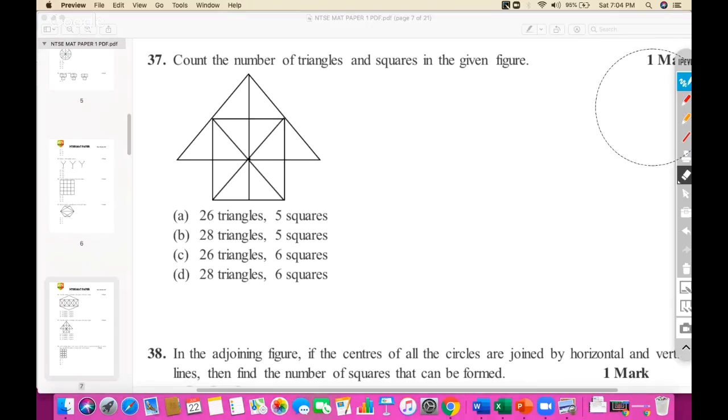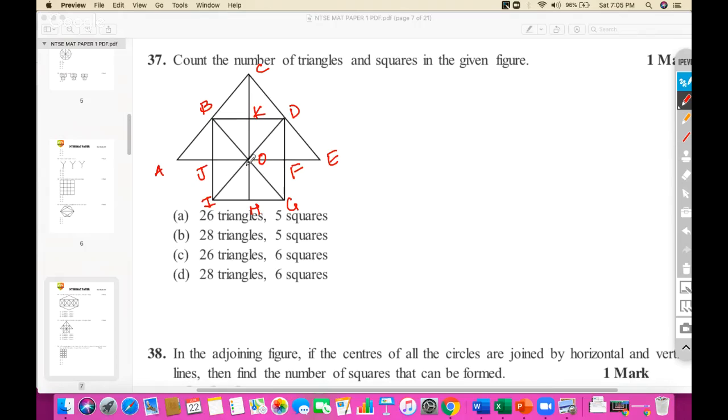Now here squares also have to be taken care of. So how many triangles? Let me mark it. So A, B, C, D, E, F, G, H, I, Z, K, and suppose this is O. So let me find out the simplest triangles.